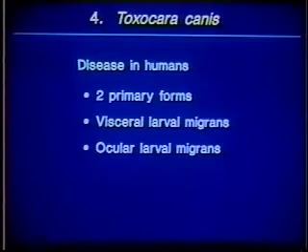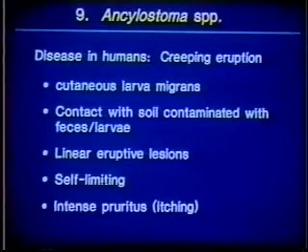Humans may become infected from the larvae of these, resulting in two critical forms, the visceral larval migrans and also the ocular form of this, that may end up causing lesions in the eye and tragically have been misdiagnosed in some instances as retinoblastoma, resulting in the removal of the affected eye. Clinicians are now a bit more informed about this, and so those cases that occur, this is considered as part of the diagnosis.